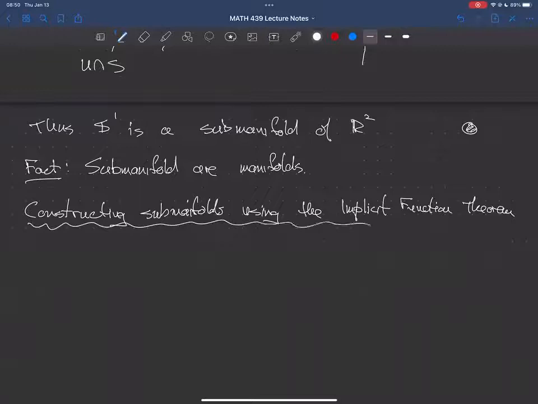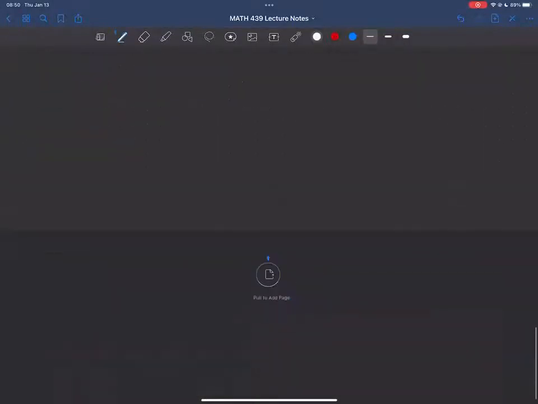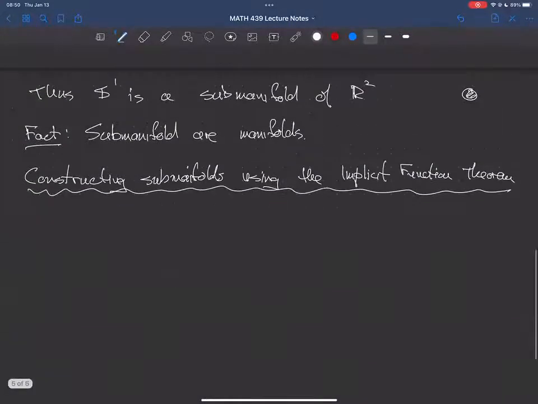Sometimes the implicit function theorem gets taught in 280, but normally it doesn't. So I'm not going to assume that we know what it is. It's a simple enough thing to write down.